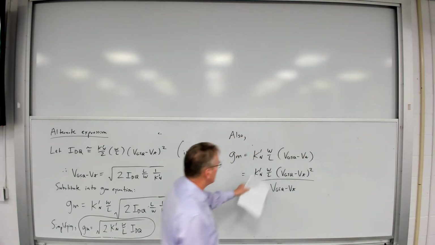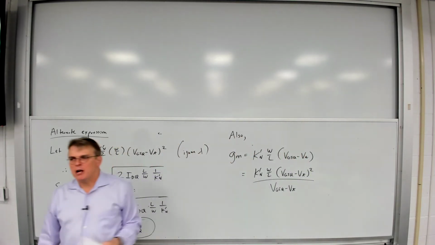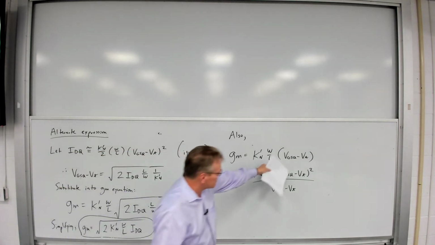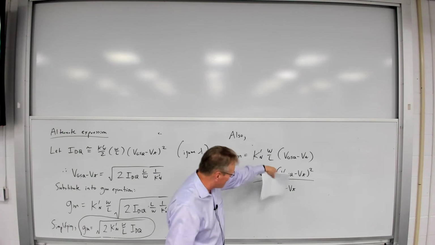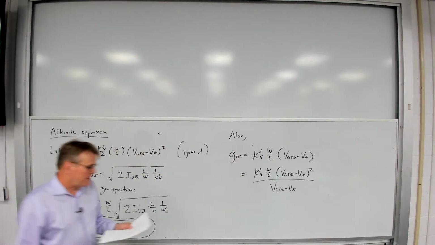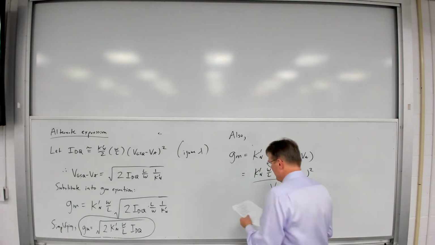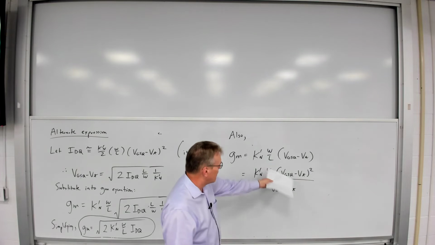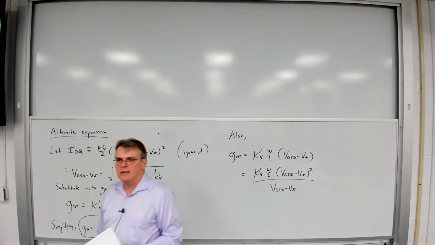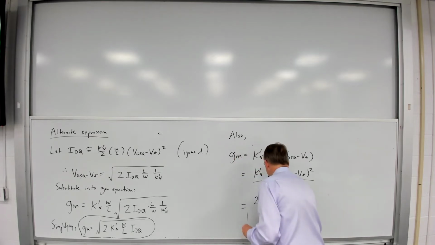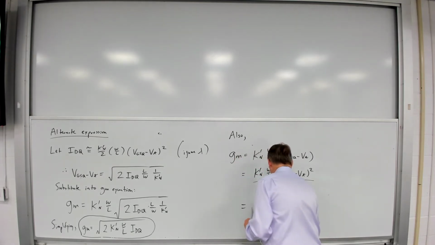Let's take that original equation and multiply top and bottom. Let's just turn this into a fraction, and I'm going to multiply by VGSQ minus VT in the denominator. Why did I do this? Because what is K prime N W over L times (VGSQ minus VT) squared? Isn't this part here just equal to 2 times IDQ?